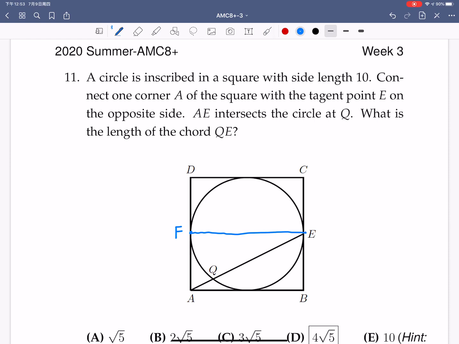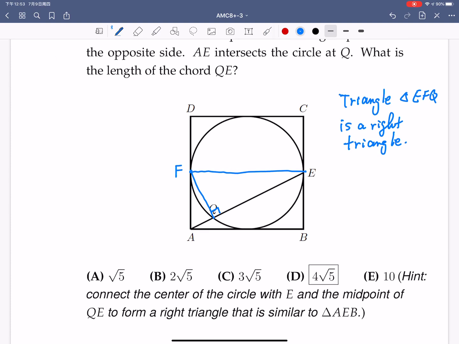And since EF is the diameter of the circle, then the triangle EFQ is a right triangle, because the inscribed angle is towards the diameter, so this has to be 90 degrees.